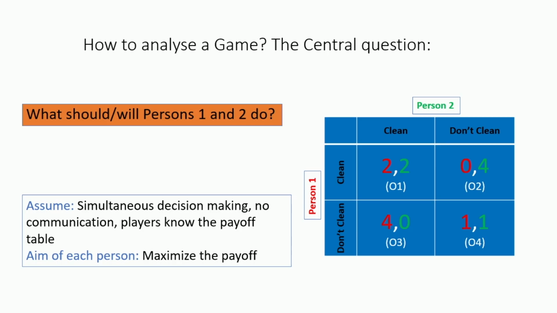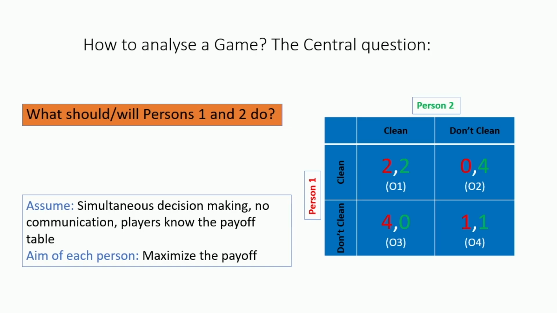So what he's saying is, if I'm person 1, these red numbers represent my payoff in any of the strategy profiles, and the green ones correspond to person 2. No matter whether person 2 decided to clean or not, I will be better off by not cleaning.